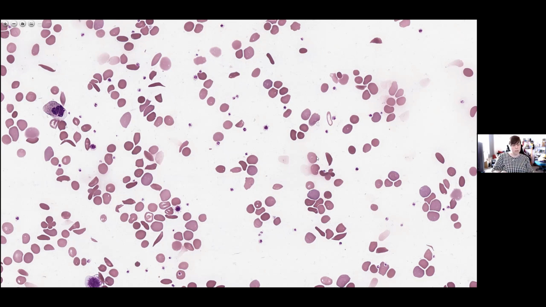So we've got some other questions. One of the questions, as you've already alluded to, is that sickle cell disease is an umbrella term for a whole range of different genetic combinations. The most common one that we'll see is hemoglobin SS, so homozygosity for the sickle cell gene.